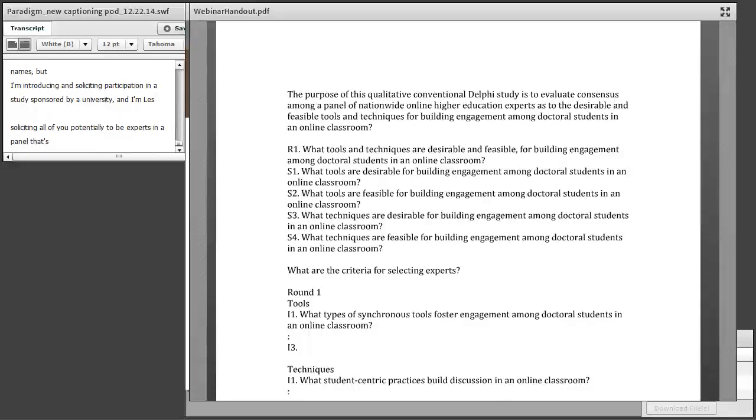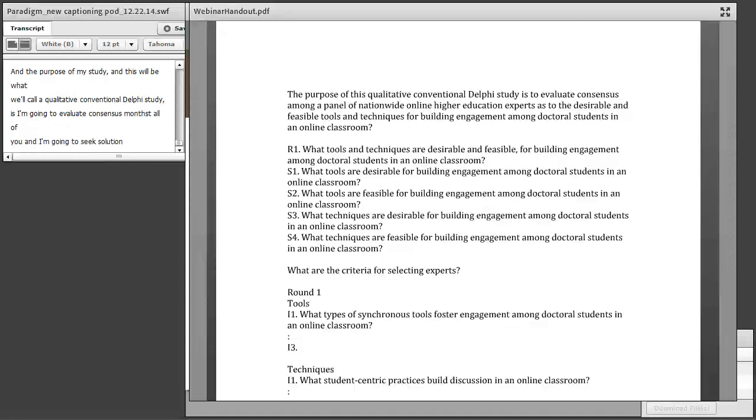And the purpose of my study, and this will be what we'll call a qualitative conventional Delphi study, is I'm going to evaluate consensus amongst all of you, and I'm going to seek solutions from you as to desirable and feasible tools and techniques for building engagement among doctoral students in an online classroom.